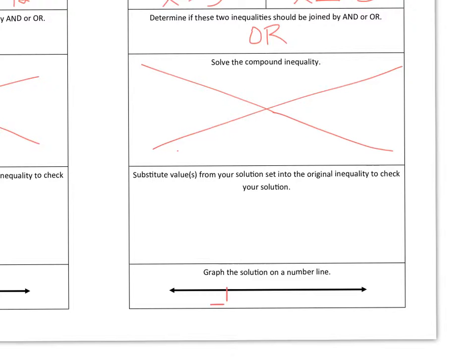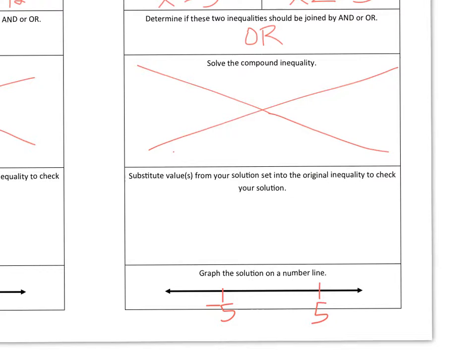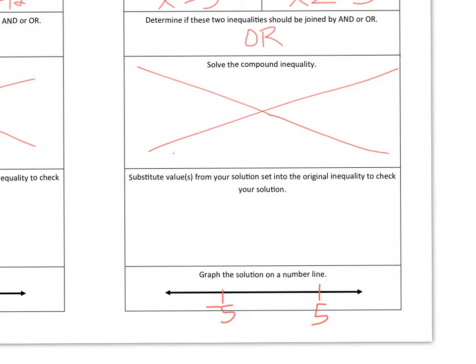So we have negative 5 and 5. Remind myself we have open circles at those. And then "or" is going to be two pieces, so I have less than negative 5 and greater than positive 5.